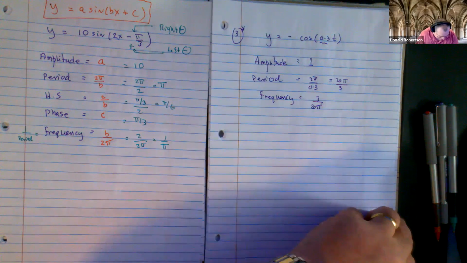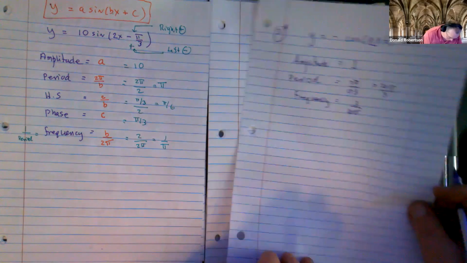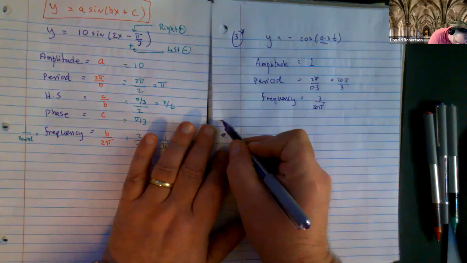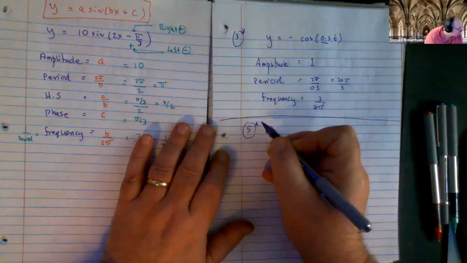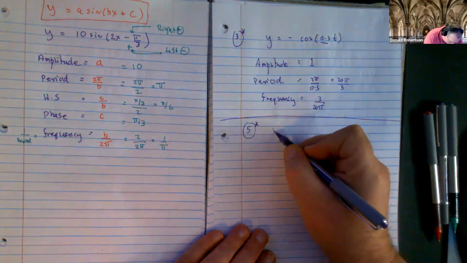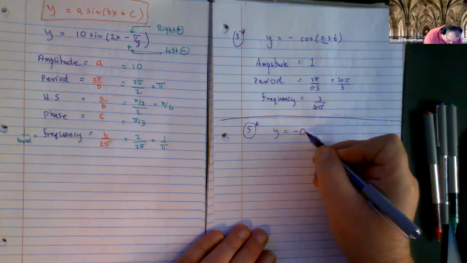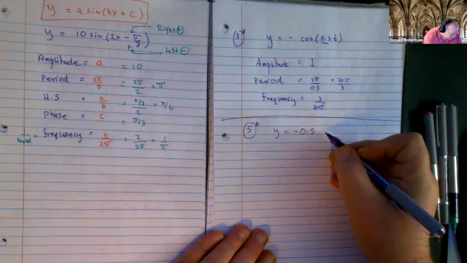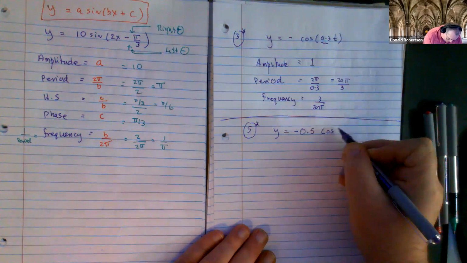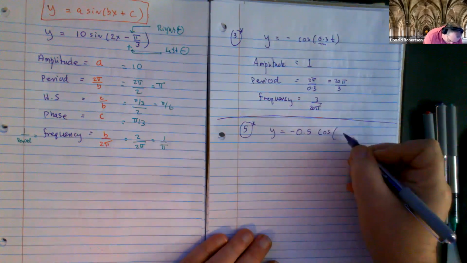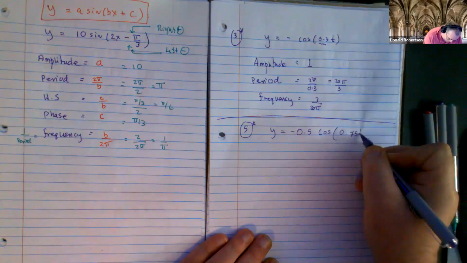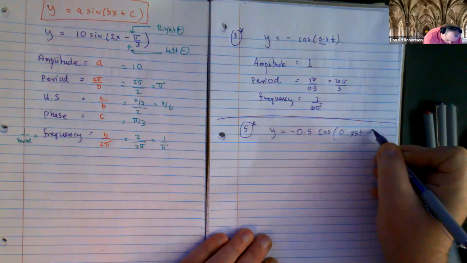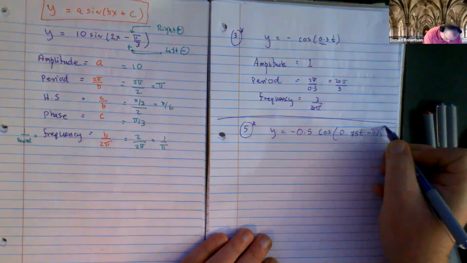Right, let's try my next one. Question 5. So y is negative 0.5 cosine of 0.75t take away pi upon 3.